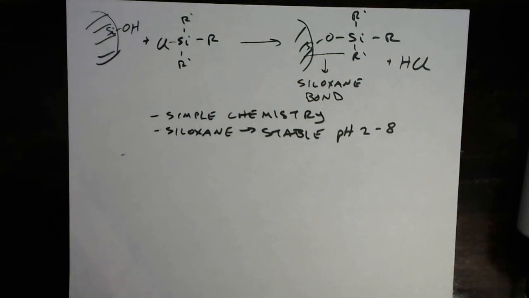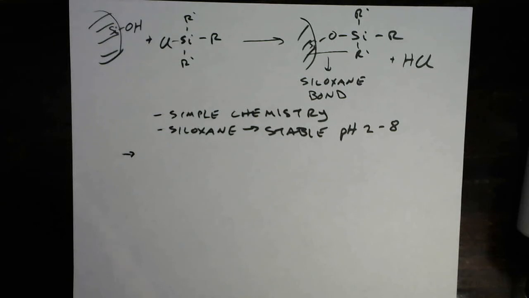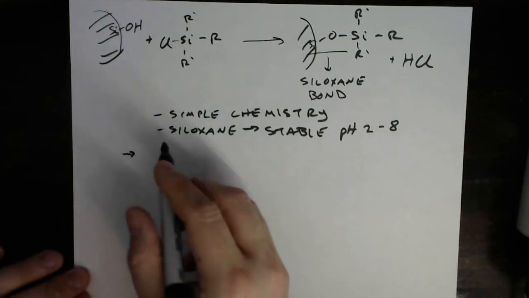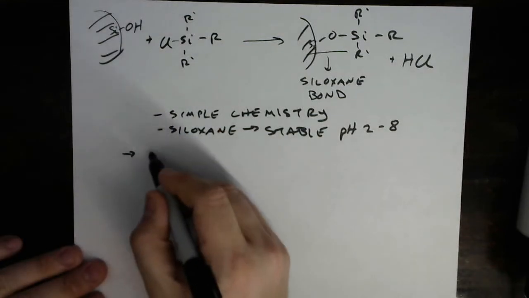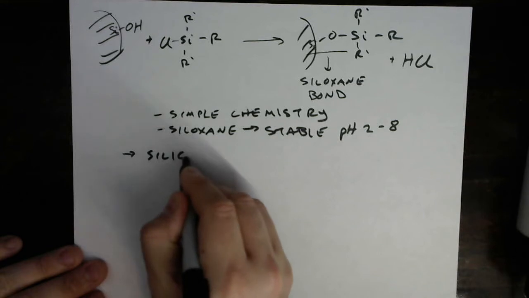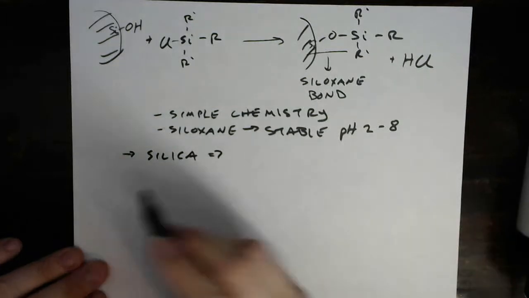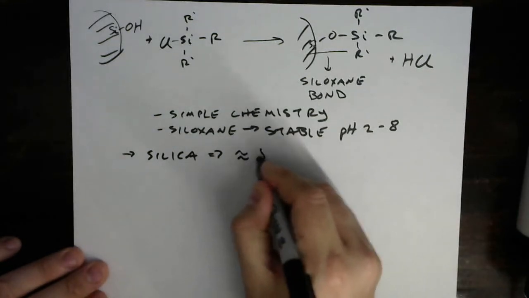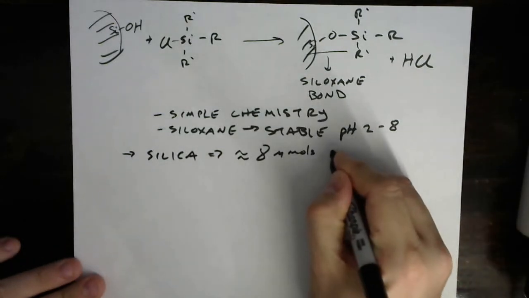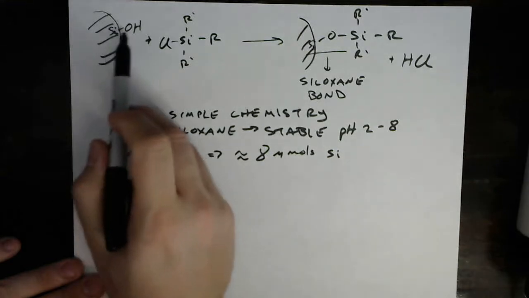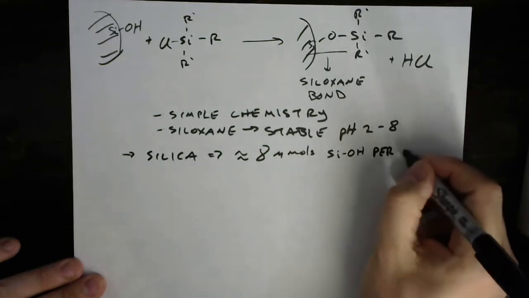I can tell you it's a fairly straightforward matter of surface characterization to get to an understanding that most base silica materials are going to have something on the order of 8 micromoles of these silanols per square meter of surface area.